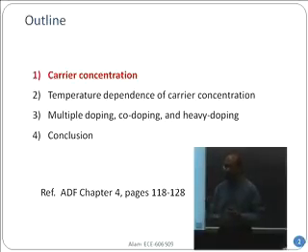They have more energy, and that will dramatically change the conductivity and the carrier concentration in this particular case. We'll also talk about multiple doping and co-doping, and I'll explain what they mean, and heavy doping effects, these three things, and finally conclude.